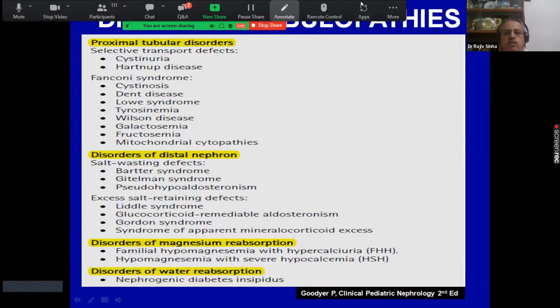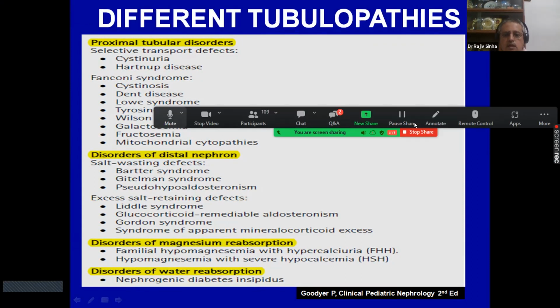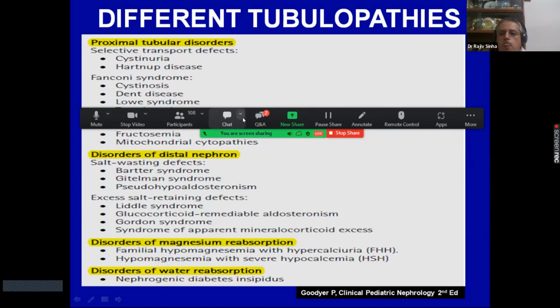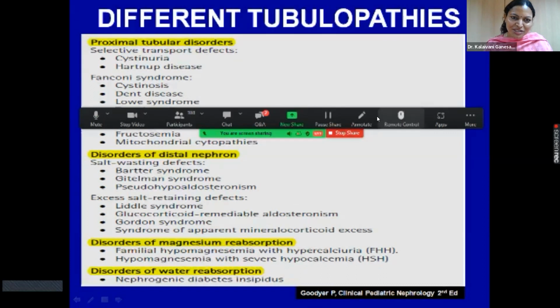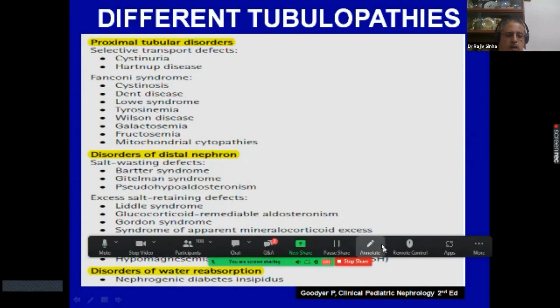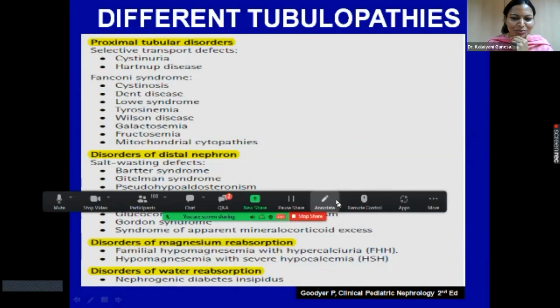I love this one. Is this bar visible there? Hello? Hello, can you hear me? Yeah, we can hear you. Is this bar visible? Dr. Rajiv, I'm able to see a few things wandering in your slide.